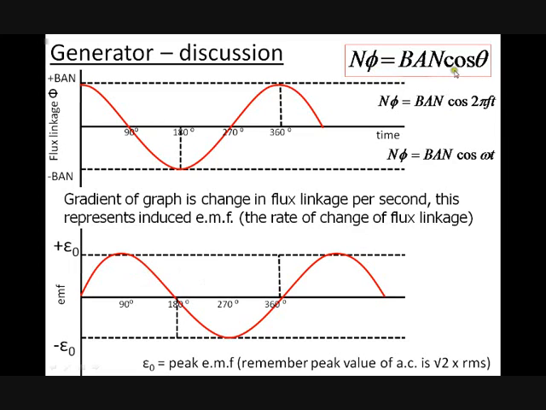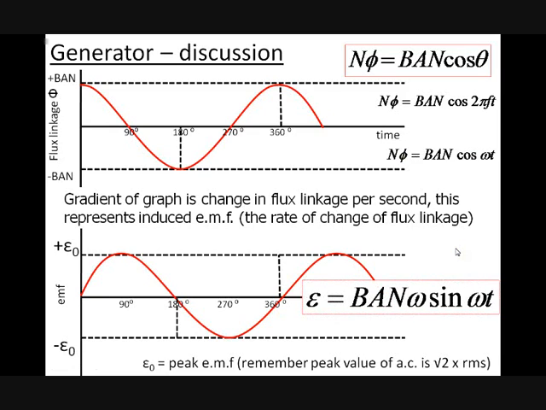Just look at this formula for a second, because I'm going to do the differentiation on this in one moment. This is the formula that we've talked about, that the flux linkage is BAN cos theta. Just replacing the theta with 2 pi ft, and then we know that omega equals 2 pi f. So we've got a formula here that we're going to differentiate, which is N phi, flux linkage, equals BAN cos omega t.